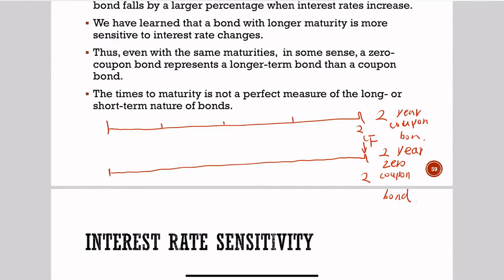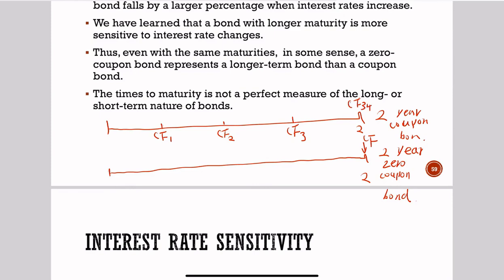So you have the cash flow here, which is your first coupon payment. And the second cash flow, which is your second coupon payment. And the third cash flow, which is your third coupon payment. And now you will have the fourth cash flow, which is your fourth coupon payment plus your par value or principal.